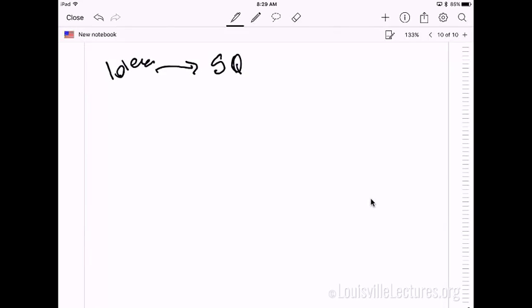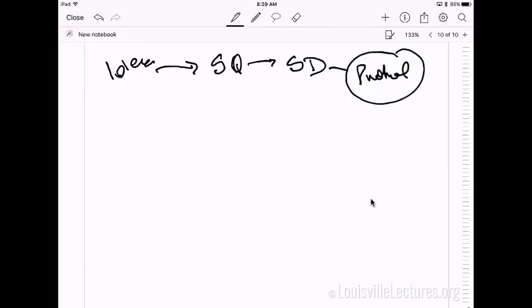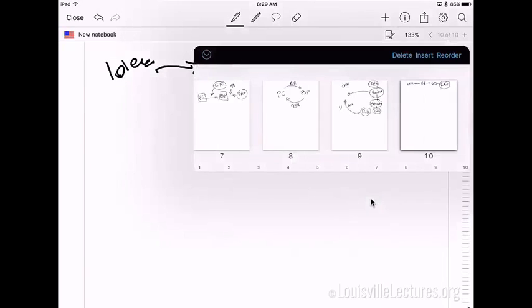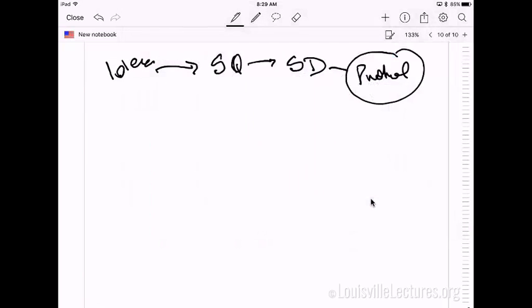From the study question, I'm going to figure out study designs, how I'm going to perform my study. I'm going to end it with a protocol, and we discussed several times the protocol. The protocol is at the heart of what we are going to be doing.